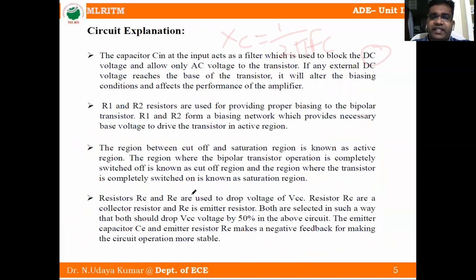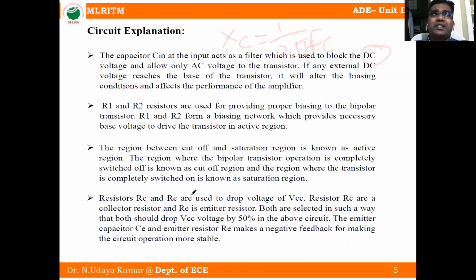The region between cutoff and saturation is known as the active region. The region where the bipolar transistor is completely switched off is known as the cutoff region, and the region where the transistor is completely switched on is known as the saturation region.